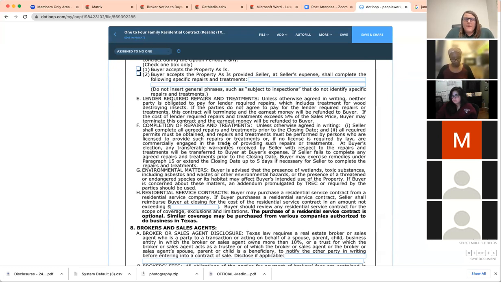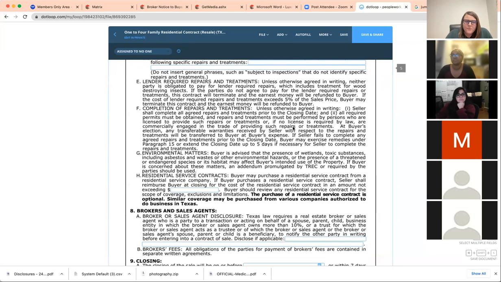Okay. If the appraisal comes back and there's lender required repairs, if the cost of the repairs and treatments exceeds 5% of the sales price, buyer may terminate this contract. Technically, the seller doesn't have to complete the lender required repairs either, by the way. And that's on the addendum, which we'll talk about. Completion of repairs.